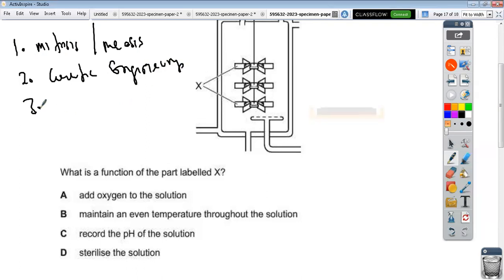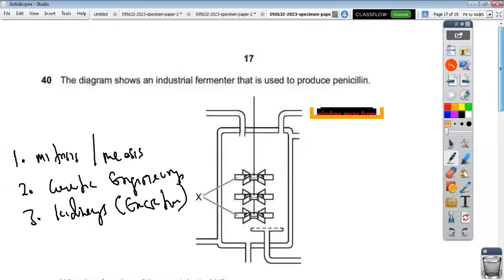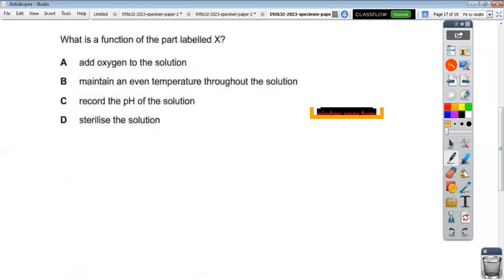Again, go and revise on the kidneys. Clear? Make sense? Yes, sir. It makes sense. Right?